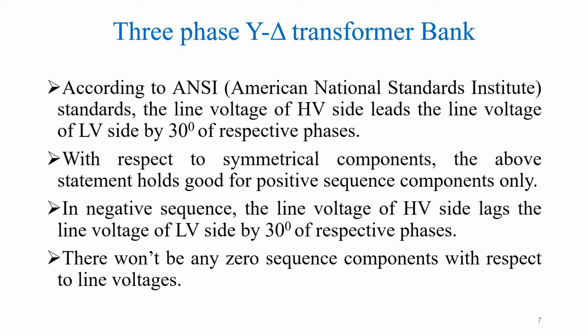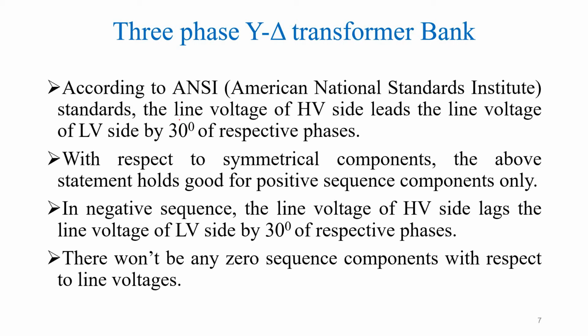Now what about the negative sequence component? In the negative sequence component, the HV side quantities lag the LV side quantities by 30 degrees. That means the low voltage side quantities lead the high voltage side quantities by 30 degrees. It is just opposite. Now coming to the zero sequence, there won't be any zero sequence with respect to the line voltages.